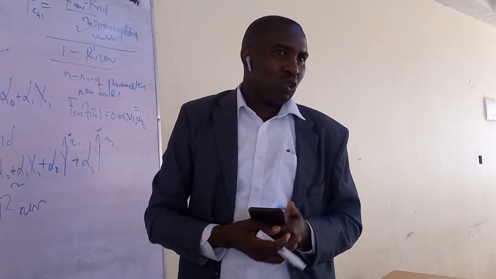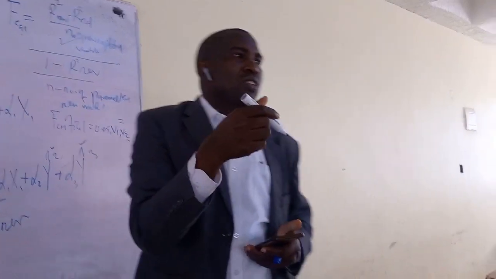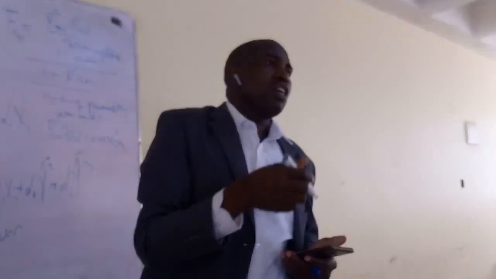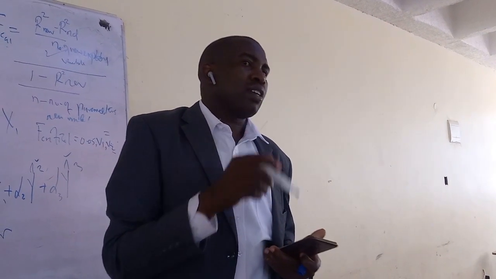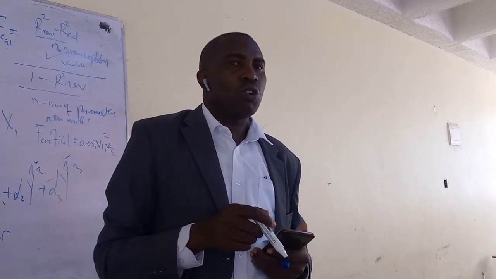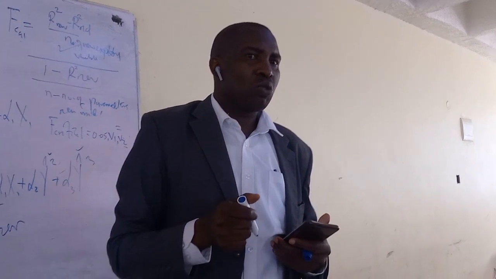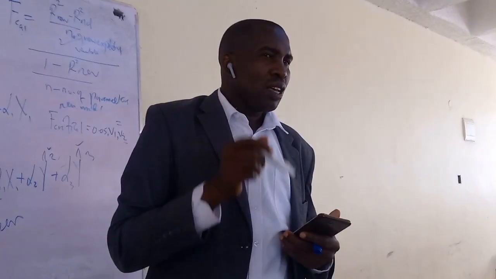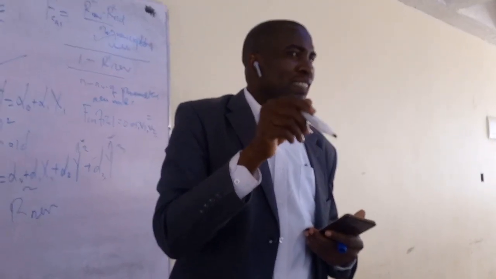Once you get your F calculated and your F critical, the next stage is to compare the two. If F calculated is greater than F critical, you reject the null hypothesis. If you reject the null hypothesis, it means that your model has omitted a certain variable.